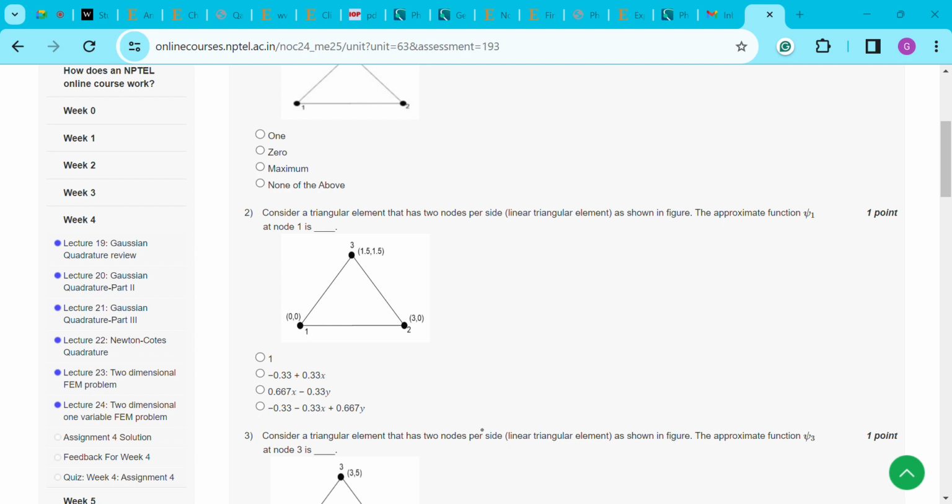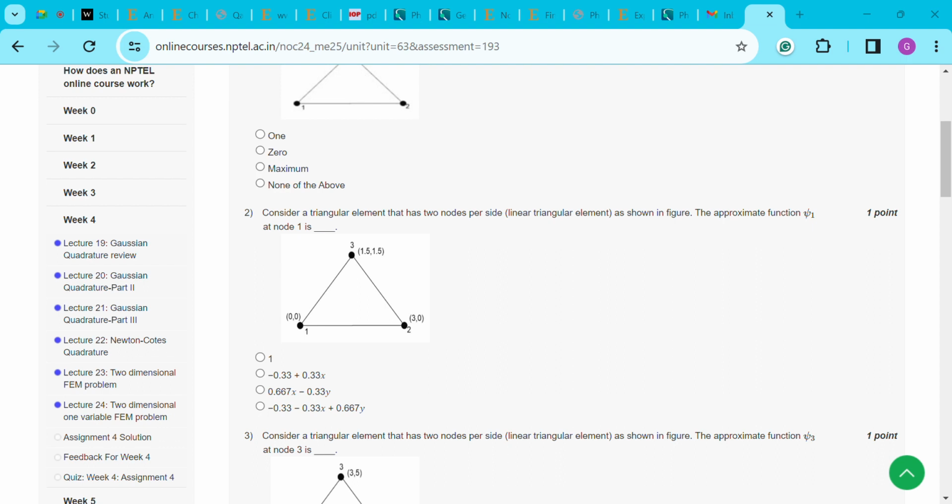The first thing is error is introduced when we assume that function. Obviously, we don't have that function, so we assume something. That's why an error comes. We multiply that error with some weight, and in an integral sense we are making that error zero.